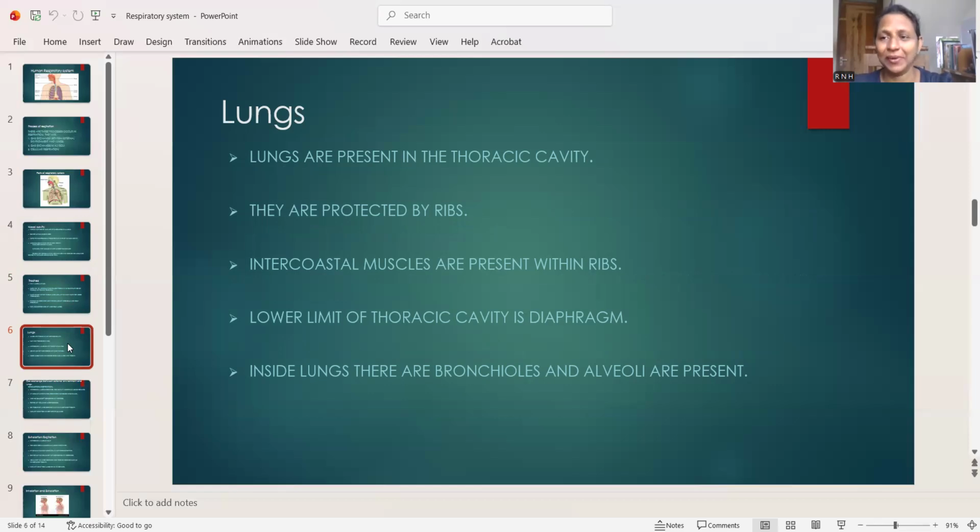They are protected by ribs, and there are muscles between these ribs. We call them intercostal muscles. The lower limit of the thoracic cavity is the diaphragm, and inside the lungs there are bronchioles and alveoli.